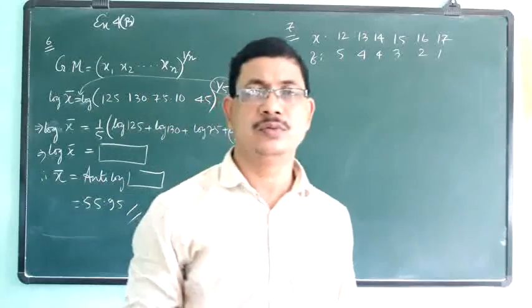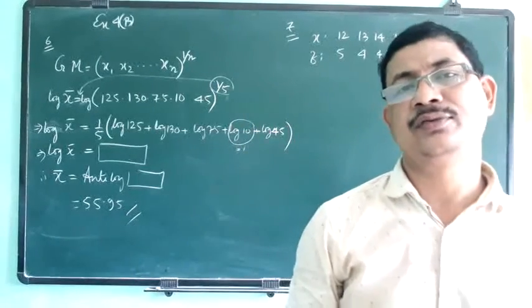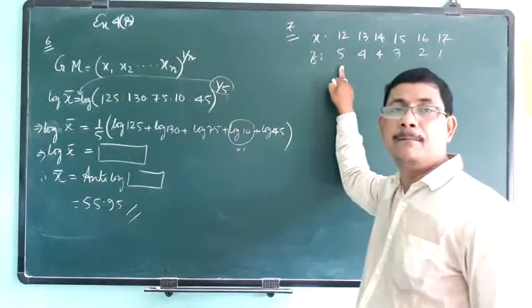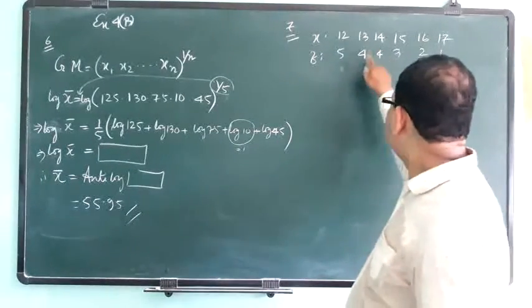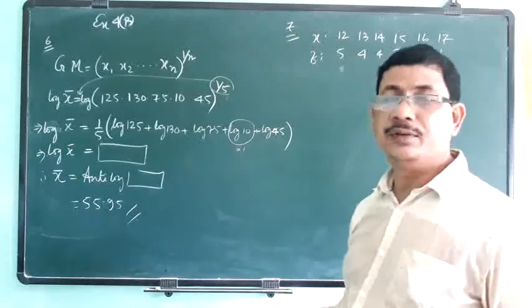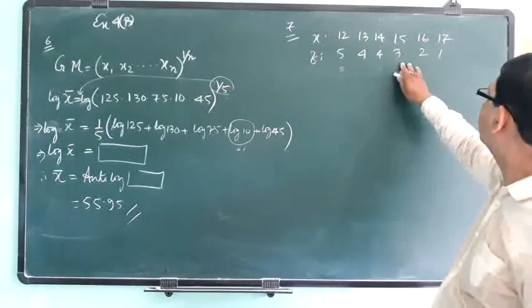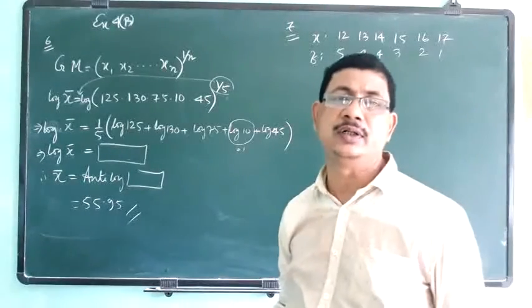X is the value, that is the terms. Frequency means how many times this 12 comes? 5 times. 13 came 4 times, 14 4 times, 15 3 times, 16 2 times, 17 1 time, no repetition of 17.